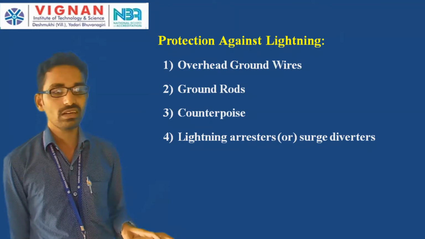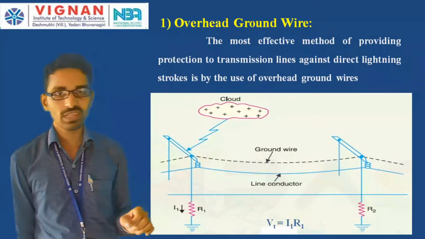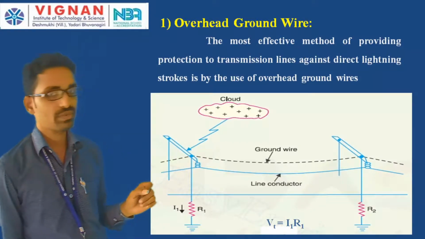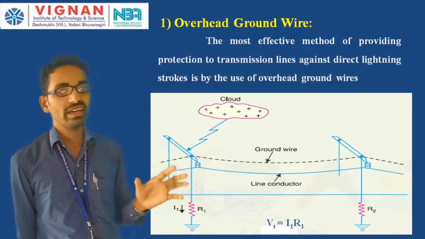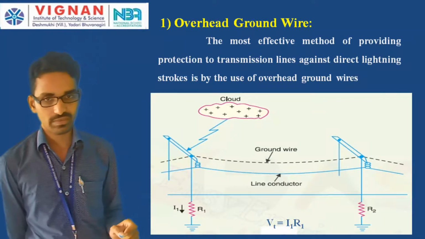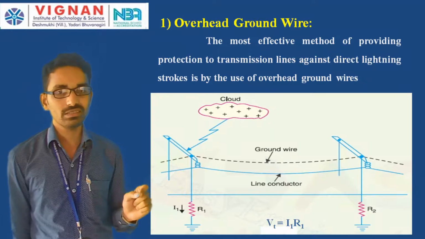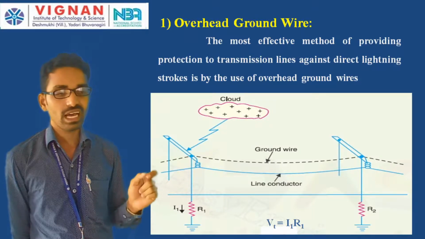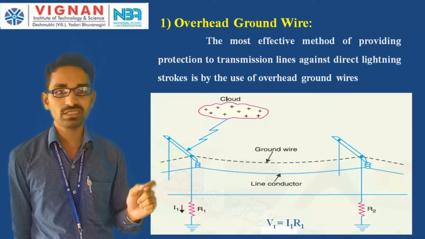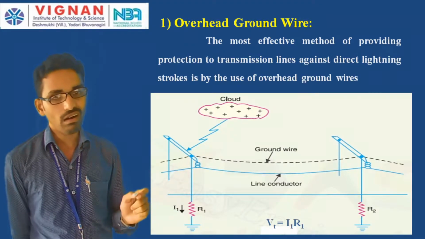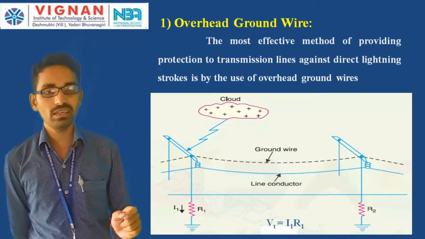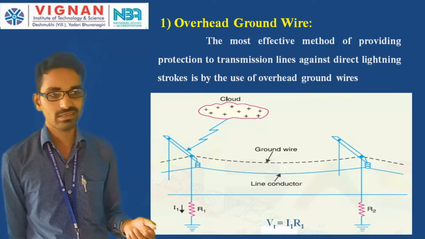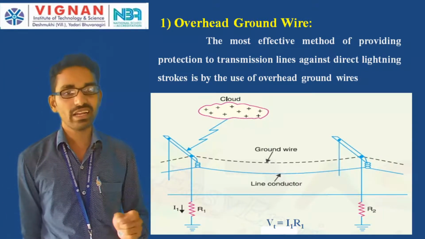Let us see the overhead ground wire first. The most effective method of protecting a transmission line against direct lightning strokes is the use of overhead ground wires. Here we use a ground wire made of galvanized steel, or nowadays it may be manufactured with ACSR conductors, aluminium conductor steel reinforced.